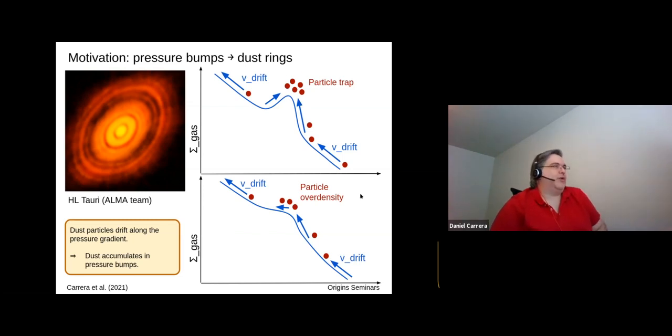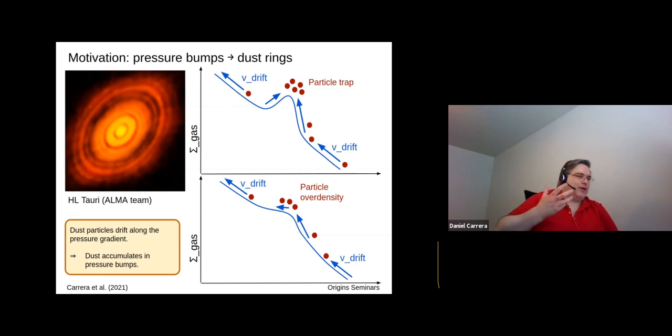Now, before we continue, I want to emphasize that a particle trap is not needed for a ring to form. A small pressure bump, like the one that I've illustrated here, will still create a ring-like structure, because all it needs to do is slow down particle drift. This works a little bit like a traffic jam.